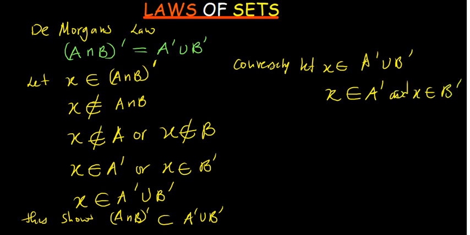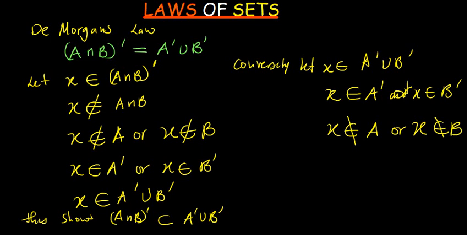I'm supposed to use or here because of the union, but as we get to change X, since we are saying X is a member of A complement, then X is going to be not a member of A. Now this is not a member. The thing has changed because we are talking about member, but now it's not a member. Instead of it being the or, we are now using and. And then X is not a member of B.